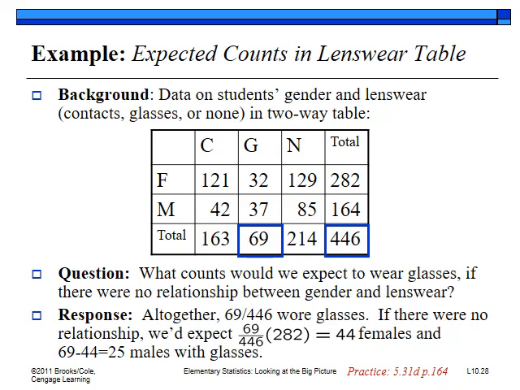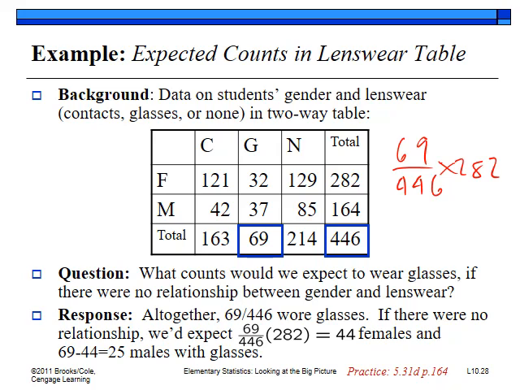If there was no relationship, we would expect that 69 out of 446, which is the proportion overall that wear glasses, that proportion would hold true within each group. So we would multiply that times the 282 to get the count that we would expect to see within the female group. That's 44.